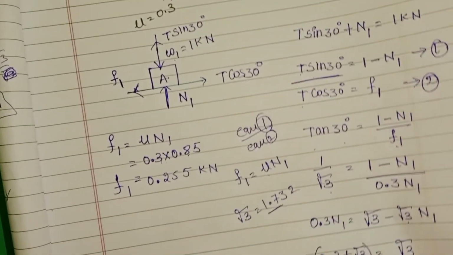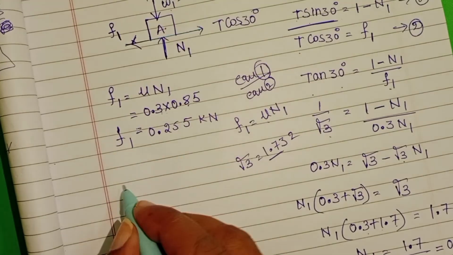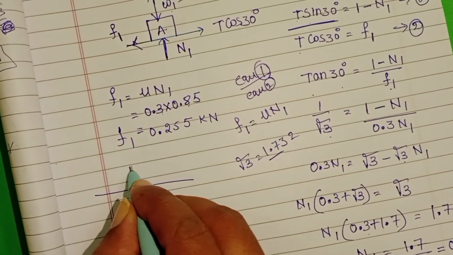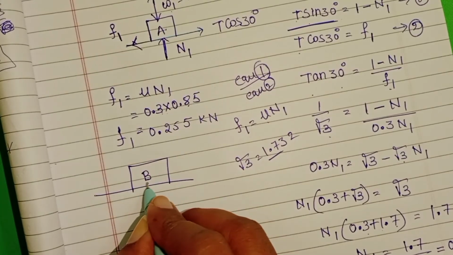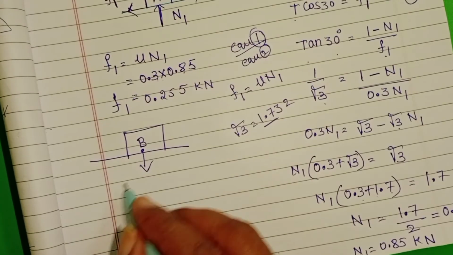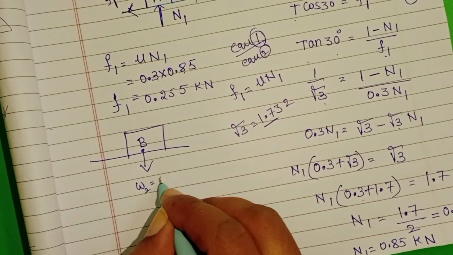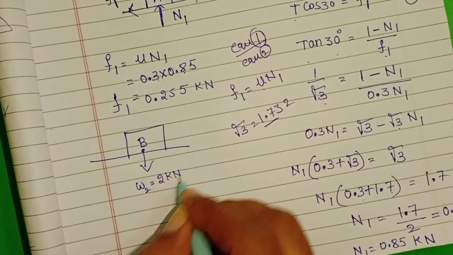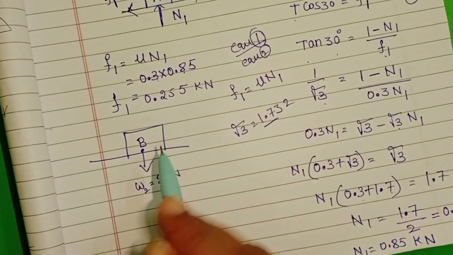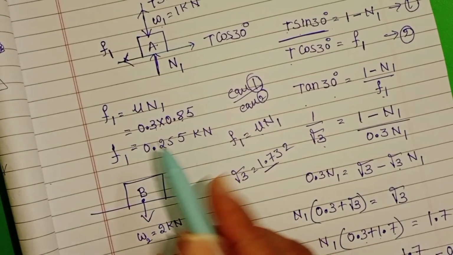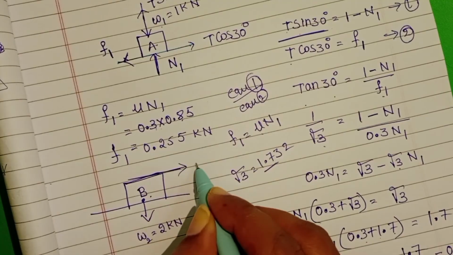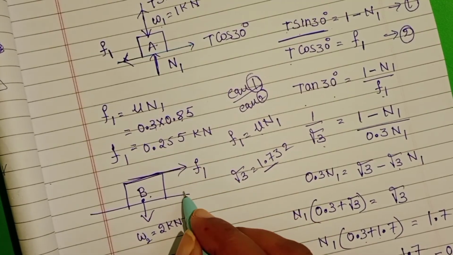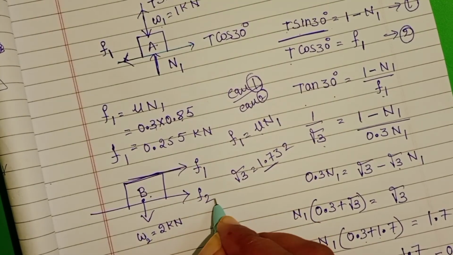Next, the free body diagram for block B. Block B. The weight of block B acts in the downward direction. Weight is equal to 2 kilonewton. And also here, frictional forces act on B at the two surfaces. This is the frictional force F1 and here the frictional force is F2.